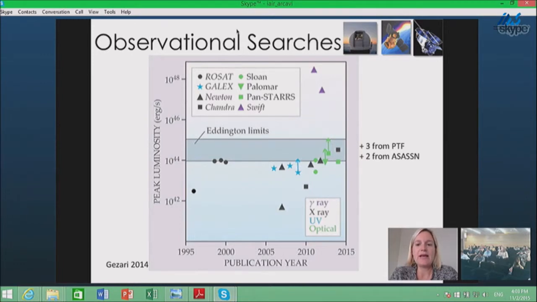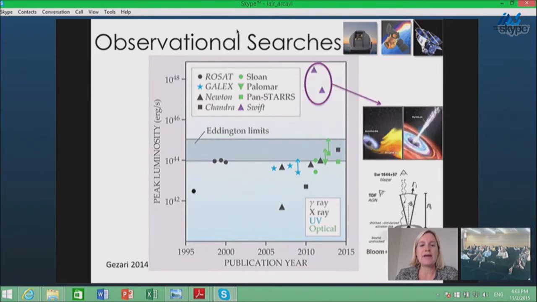And so when I made this plot before, PTF and ASASSN came out with their candidates, so there are even 5 more than are shown on this plot from optical surveys. And of course, we have these 2 candidates. So this is a plot of peak luminosity versus year of publication.